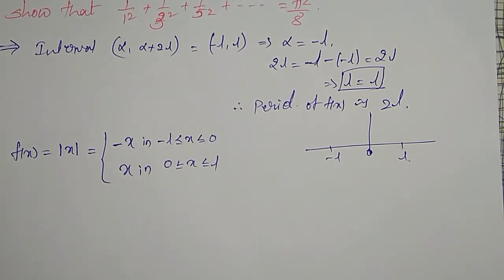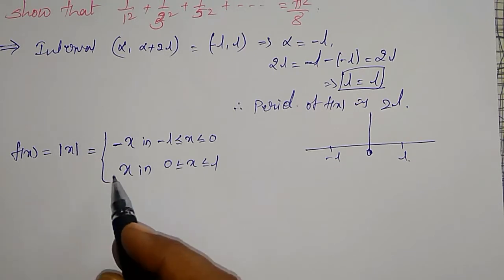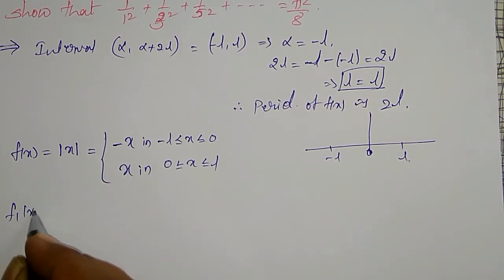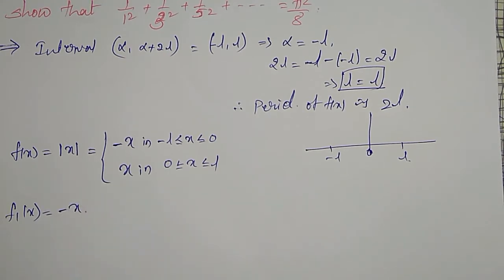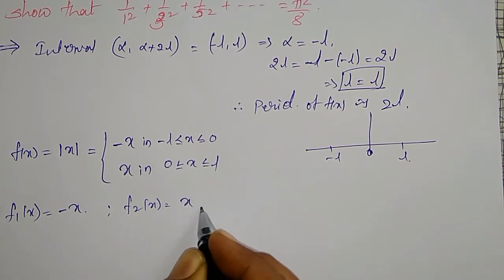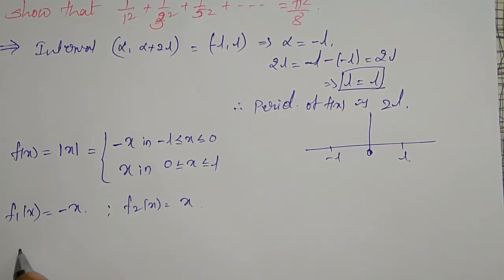Let me check whether f of x is an even function or an odd function. My f1 of x is equal to minus x, correct? f1 of x equals minus x and f2 of x is equal to plus x. In f1 of x, let me replace x by minus x. I am getting minus of minus x, which is equal to plus x.